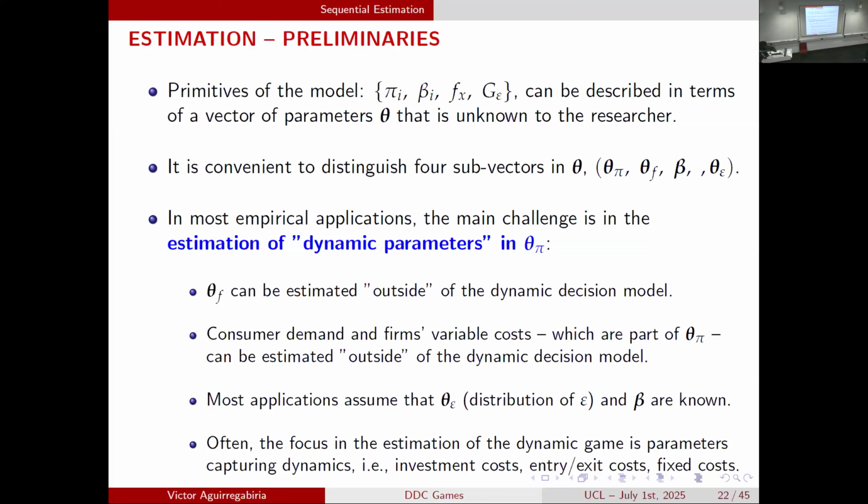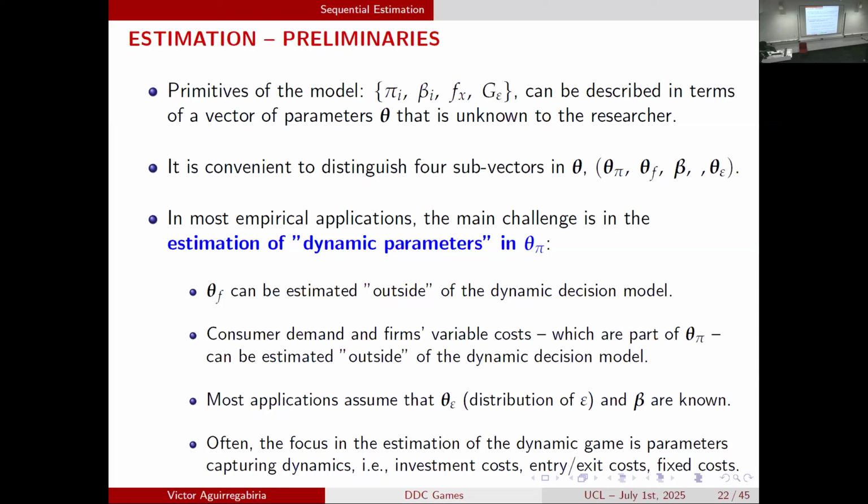The parameters in the transition probabilities of the state variables in this model can be estimated outside of the dynamic model just by looking at the transition data of X, and that's easy. Most of the papers assume that the distribution of epsilon is known, or is known up to, for instance, in a nested logit, one parameter or so.